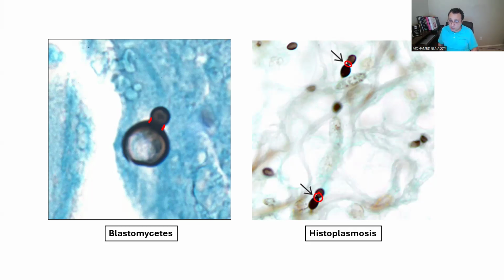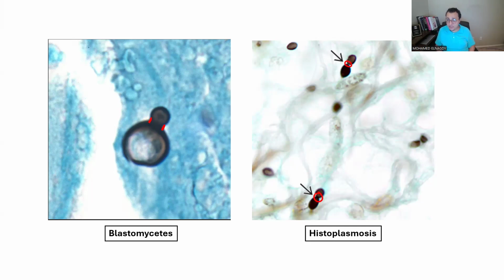The one with broad-based budding, B is a B. The bud is with a very broad base, that's blastomycetes. So blastomycetes is broad-based budding. And the one with narrow-based budding, where you see a very constricted base for the budding, that's histoplasma capsulatum. So histoplasmosis is narrow-based budding and blastomycetes is broad-based budding.